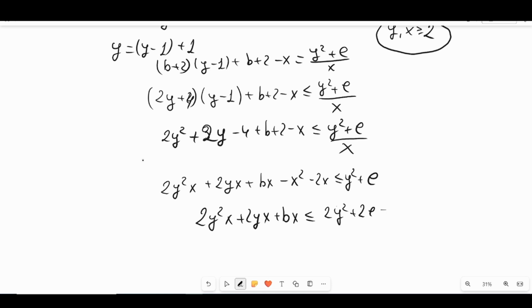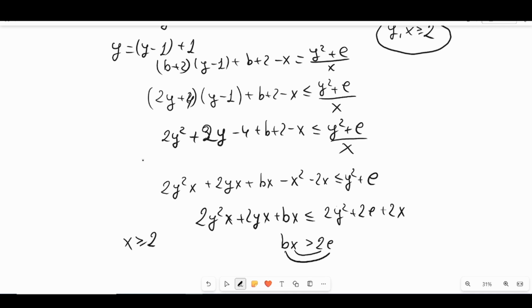Then we can also add 2 times x here. Because we know that x is greater or equal to 2, we can easily see that 2 times bx would be more than 2 times e, because b is more than e and x is greater or equal to 2.